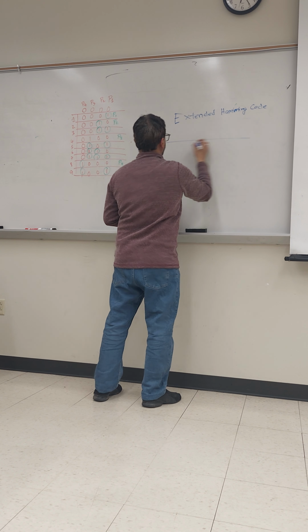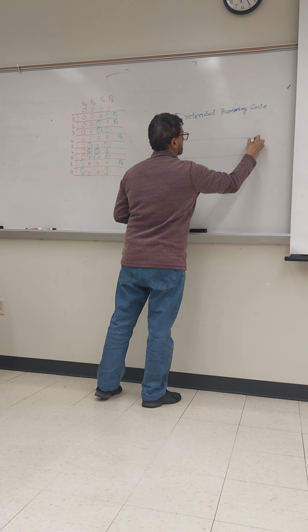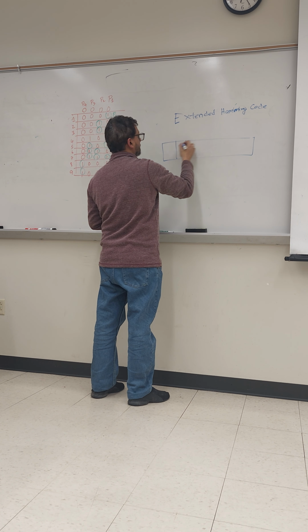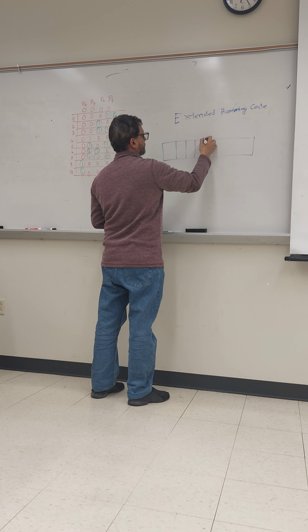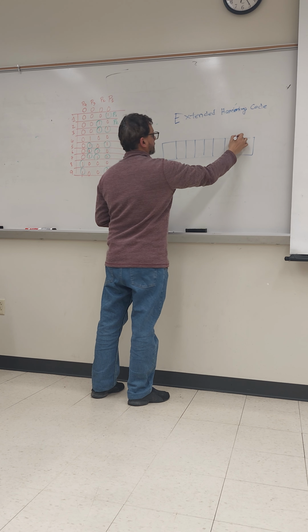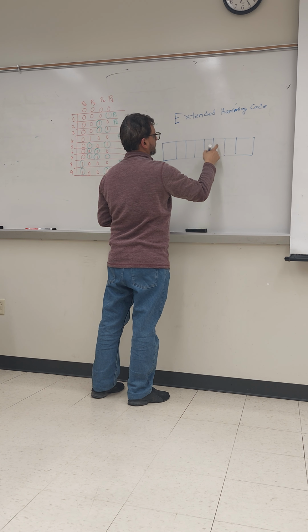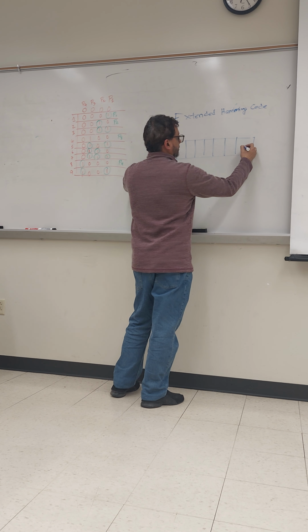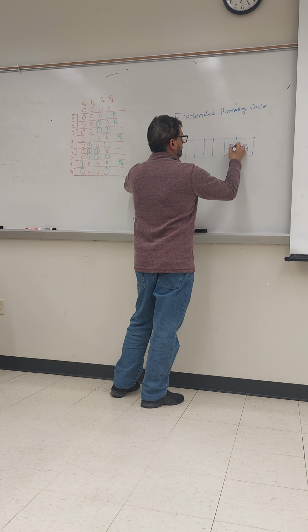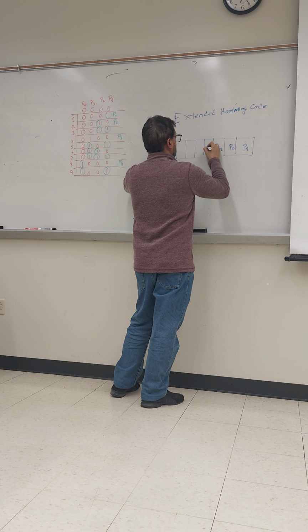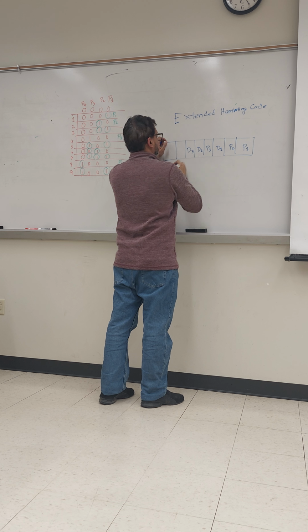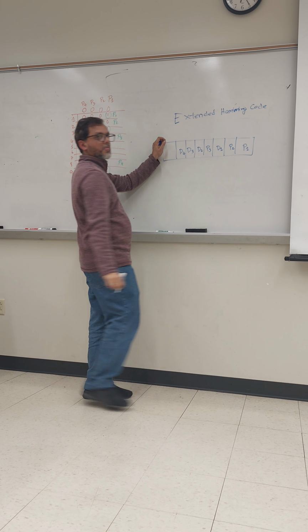In the extended Hamming code, for example, for the Hamming code we already have 7 bits: 1, 2, 3, 4, 5, 6, 7. So it is P1, P2, D1, P3, D2, D3, D4.